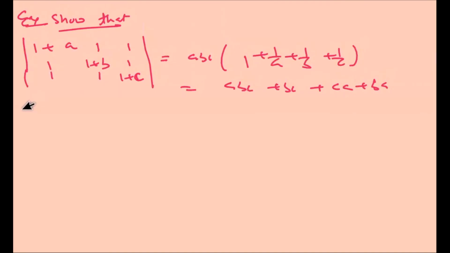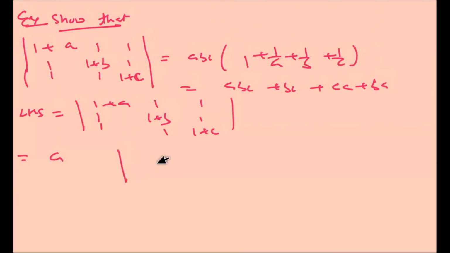So now we start with the LHS: the determinant with rows 1 plus a, 1, 1; 1, 1 plus b, 1; 1, 1, 1 plus c. Taking a common from R1, we get 1 upon a plus 1, 1 upon a, 1 upon a.